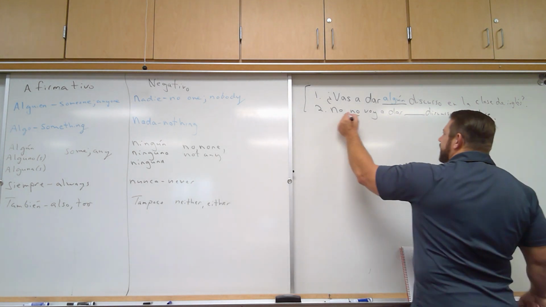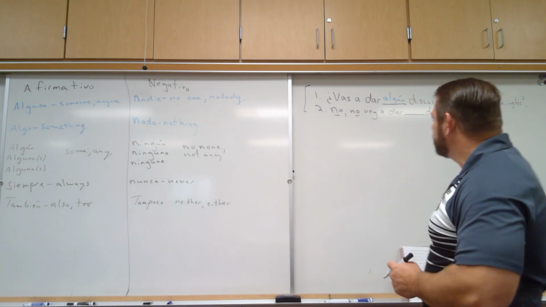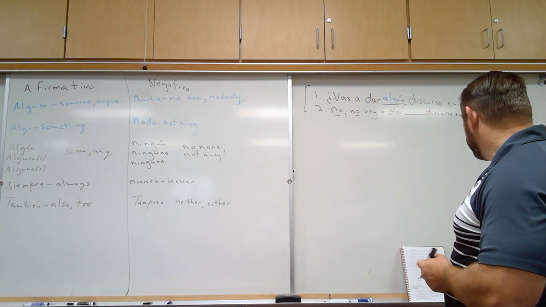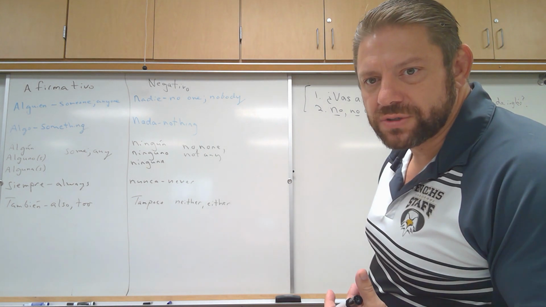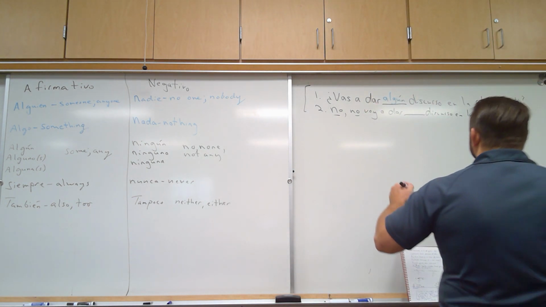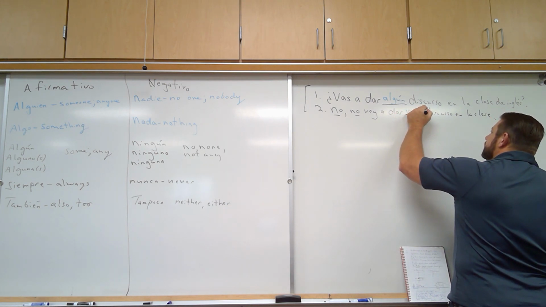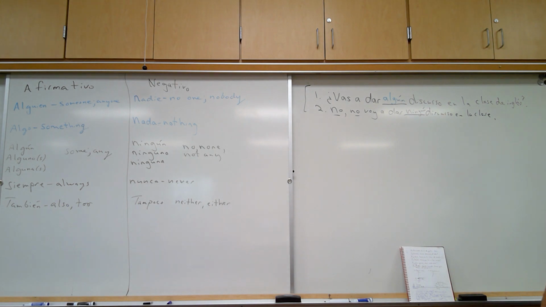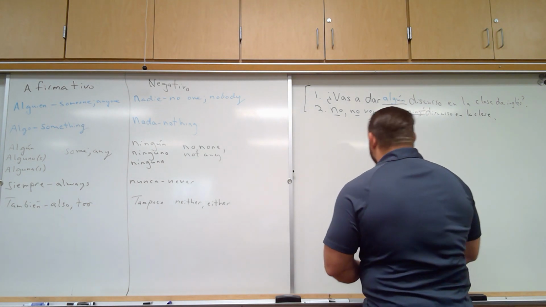We know it's negative because we see no, so we're going to use the right side of the chart. So I would say no voy a dar ningún discurso. No voy a dar ningún discurso en la clase.